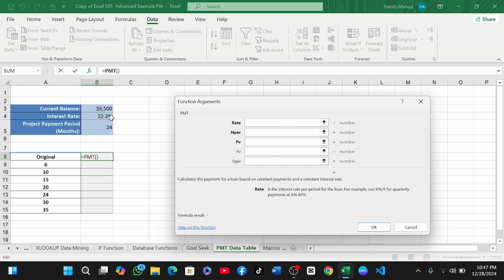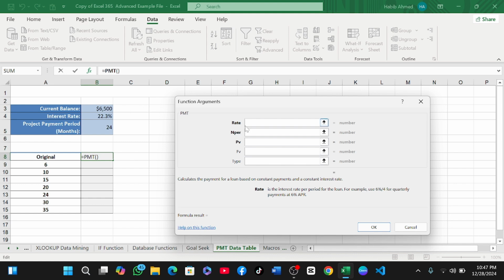So our interest rate will be 22.3% divided by 12 months, which is a year. NPER is the total number of payments, the period over which you are going to pay off the debt. And the PV is the present value, which is $6,500.